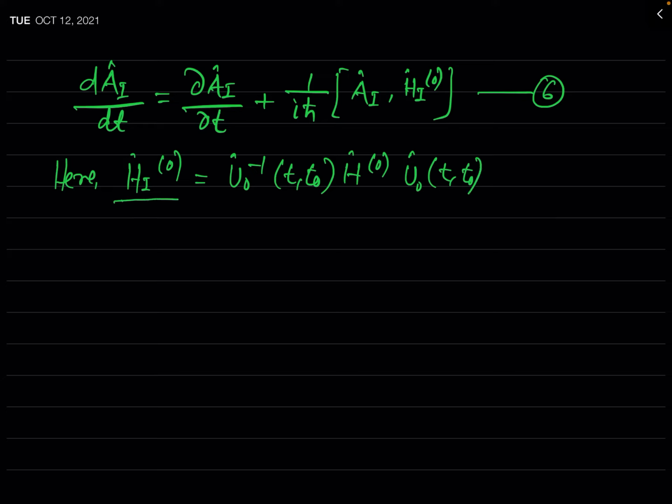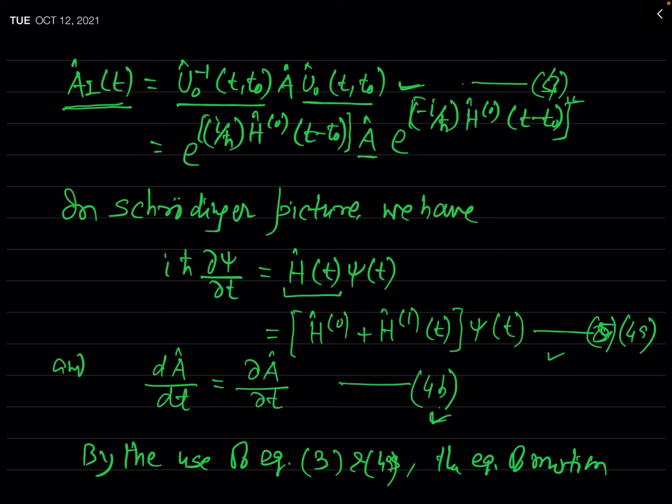This is the time independent part of the Hamiltonian in the interaction picture, and this H hat naught is the time independent part of the Hamiltonian in the Schrodinger picture. And this is just the definition.